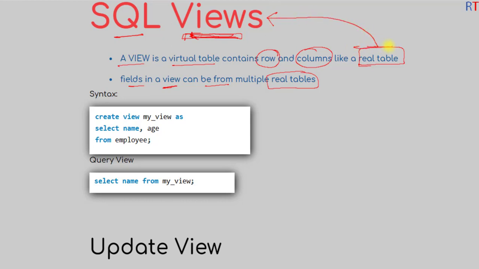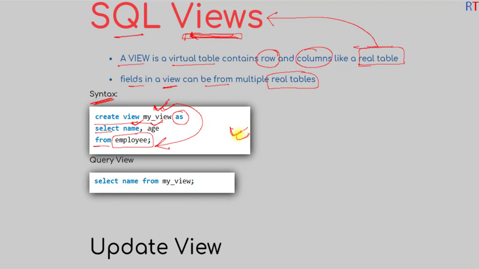The syntax to create a view is we write the query CREATE VIEW, then the name of the view, AS, and then we select multiple fields from a real table. This query will create a view containing the fields name and age from the real table employee.